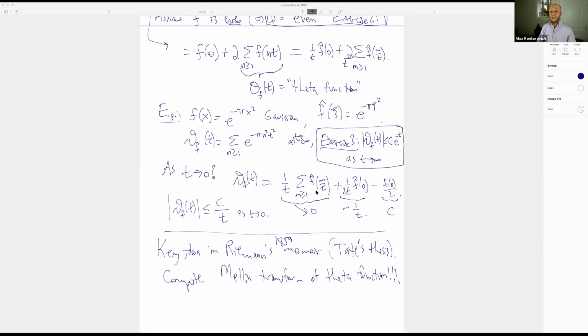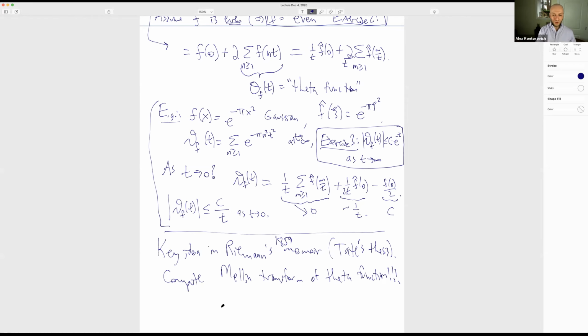If we use the classes that we use for Fourier analysis, where the Fourier transform has exponential decay, we need more than polynomial decay for the function itself, which is all we assumed. We assumed like 1 over x squared decay. That's not enough to conclude things like this. This is just in the example of the Gaussian. We have this behavior. But in general, this is a general phenomenon as long as the original function had enough decay, like exponential decay.